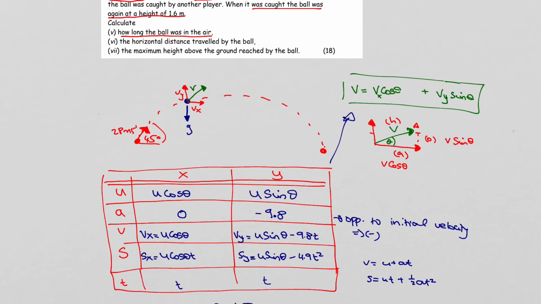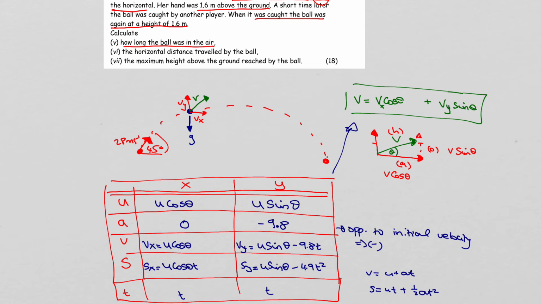So the first thing the question asks us to do is, how long was the ball in the air for? So we know that basically it's going to start here, which was 1.6 meters above the ground, and land over here, which was also 1.6 meters above the ground.